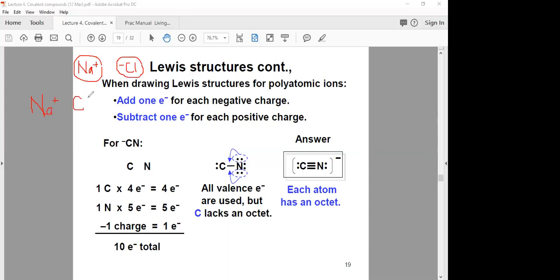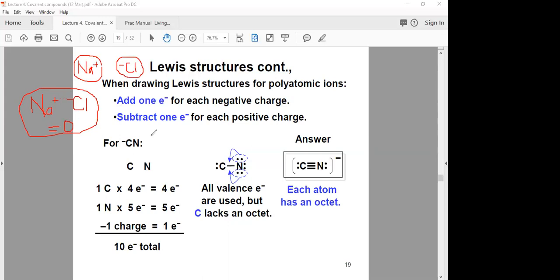But what happens when they actually come together in the forming of an ionic bond? When they form that ionic bond as a result of that attraction between those opposite charges, what is the overall charge now on this ionic compound? Zero, exactly right. The overall charge now is zero.